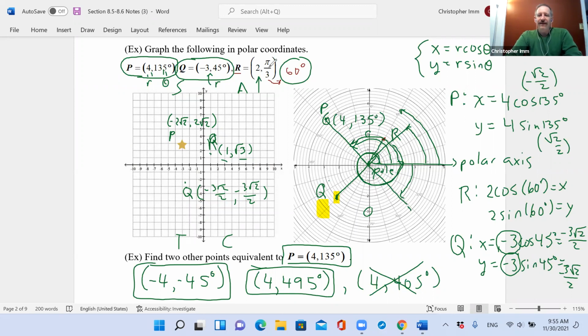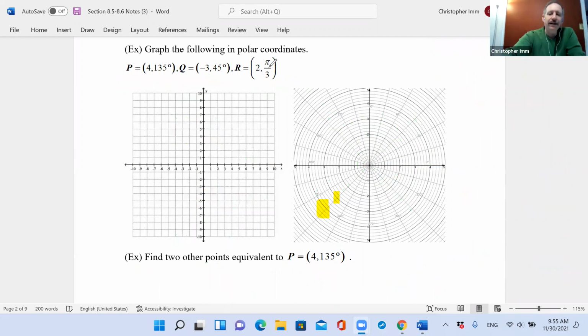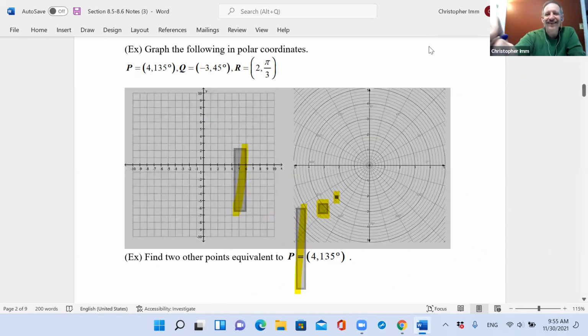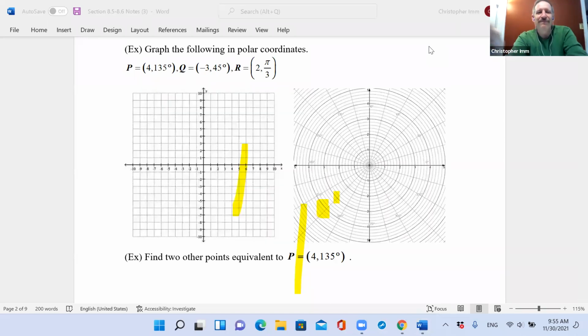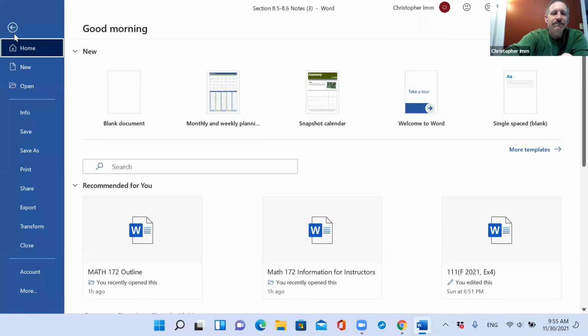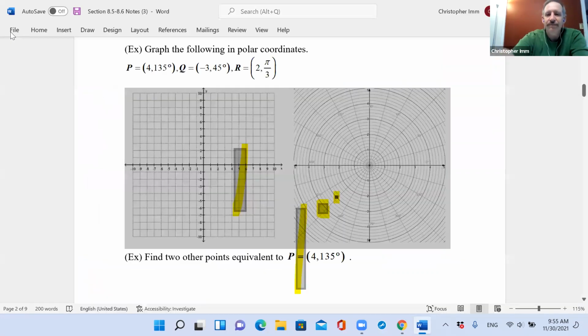Let me clear this stuff out then. And whoops. Okay. Oh, why is it doing that? Let's see. Oh, I think that's a Word deal. Word file. I don't know.